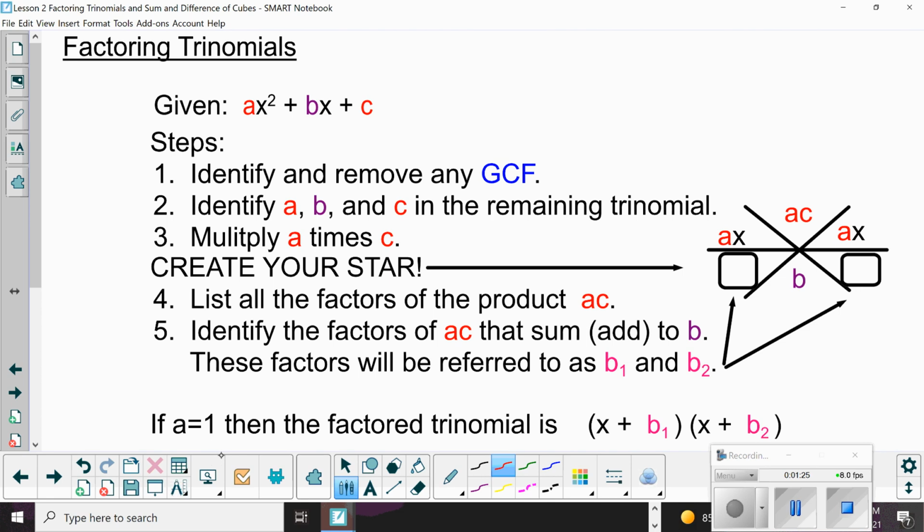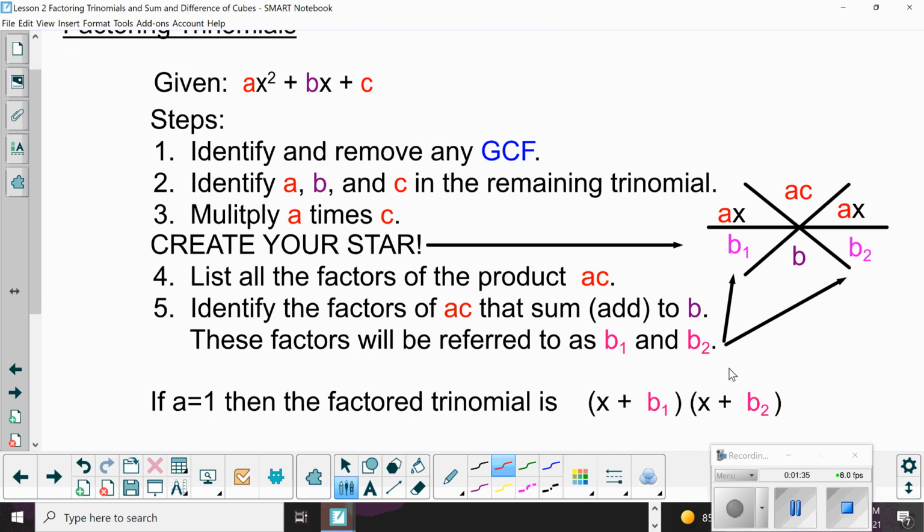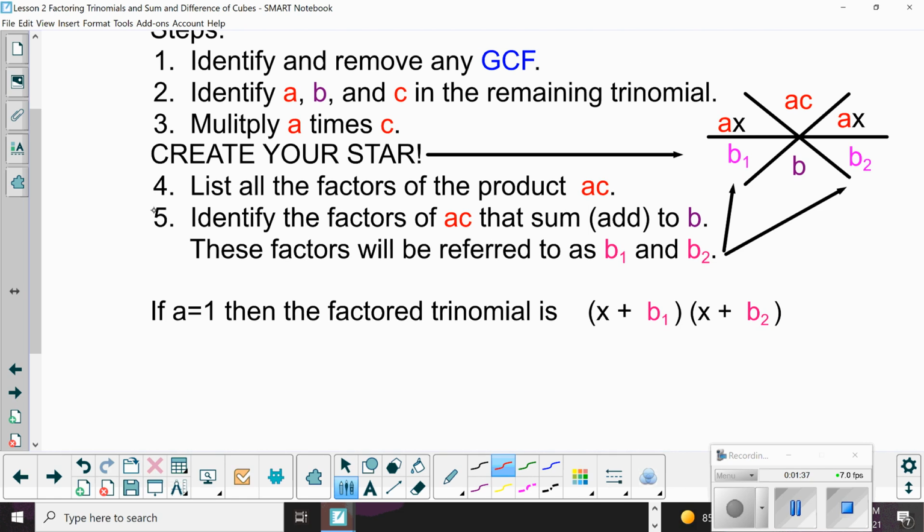Now, if A is equal to 1, as soon as you have B1 and B2 here and here, then you have your factors. And the reason you have your factors is because then you take AX over B1, AX over B2. But since A is equal to 1, we don't actually write the A in there.